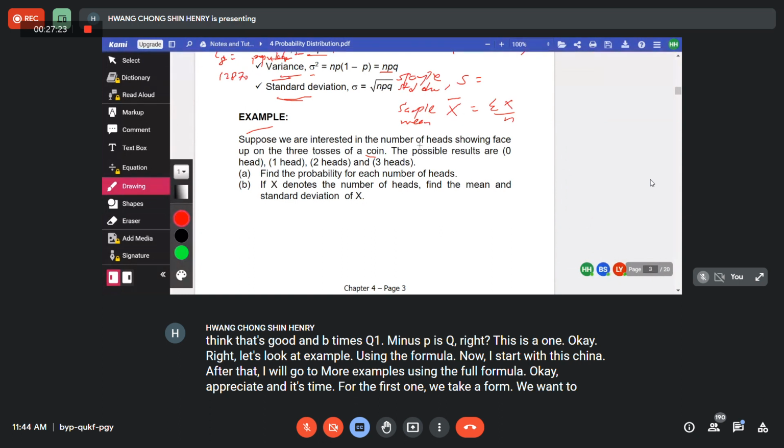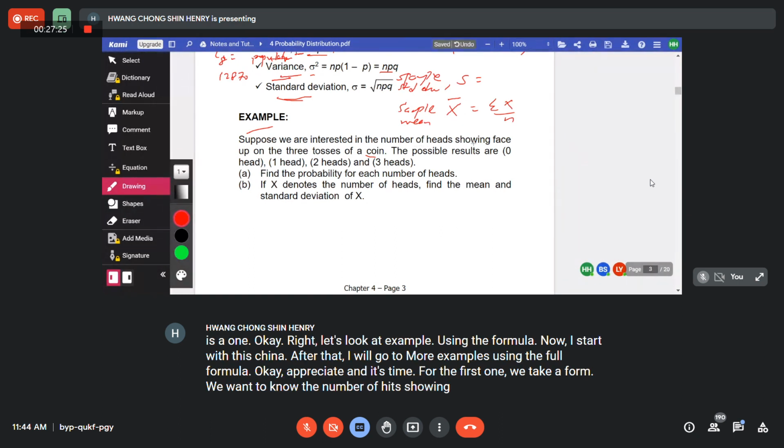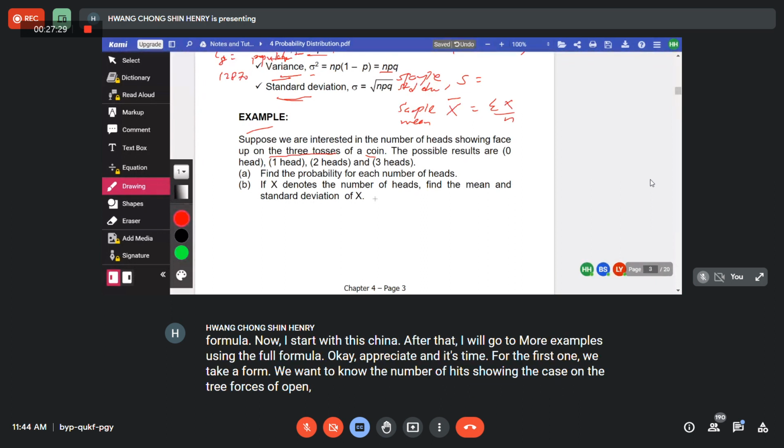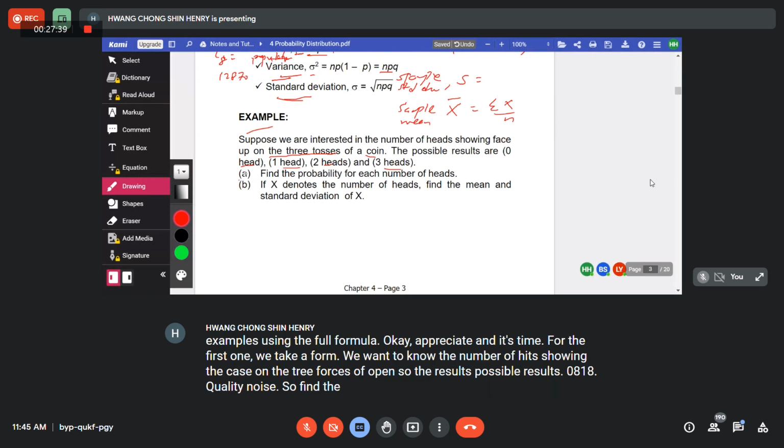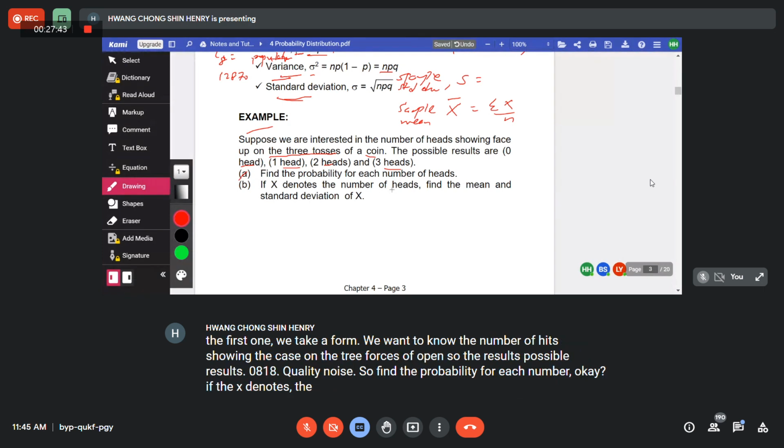We want to know the number of heads showing the face up on the three tosses of the coin. So the possible results are 0 heads, 1 head, 2 heads, and 3 heads. Or it could be no head. No head means 0 head. So find the probability for each number of heads. If x denotes the number of heads, find the mean and the standard deviation of x.